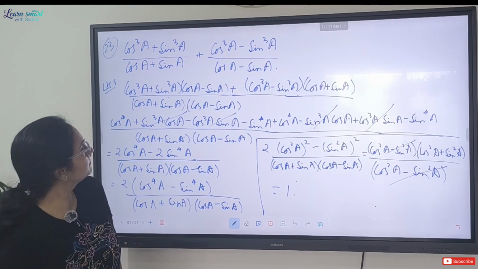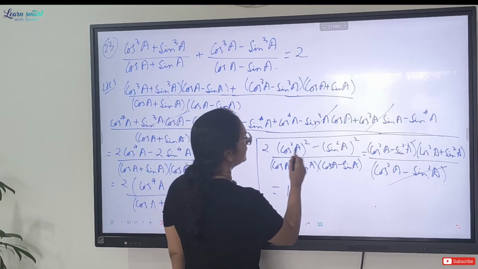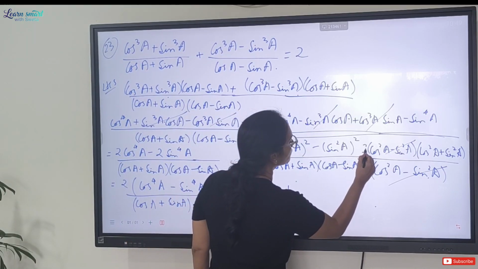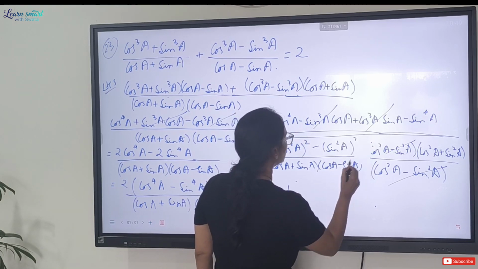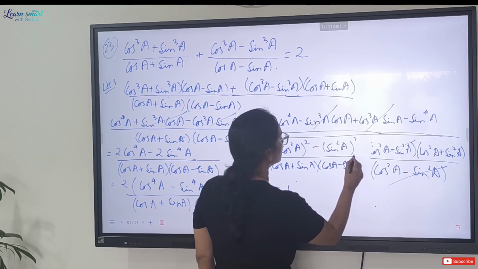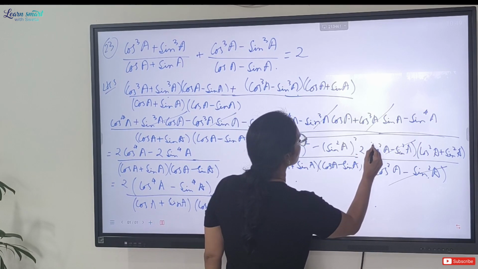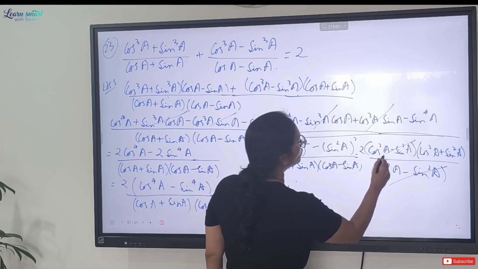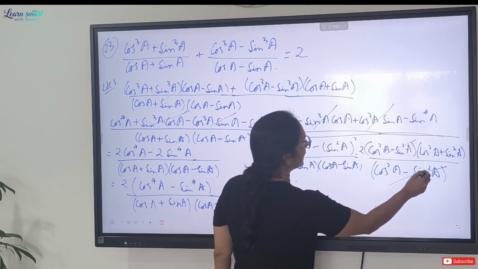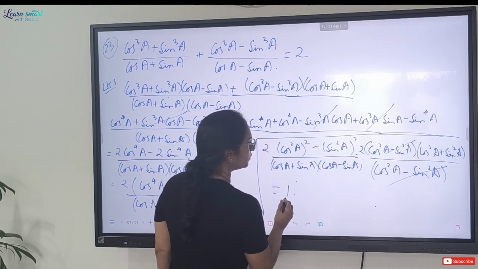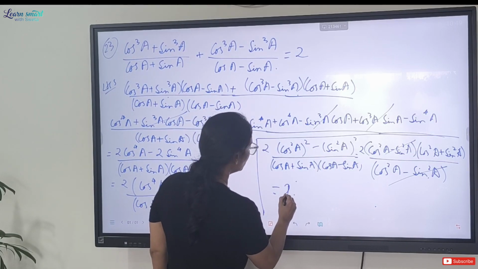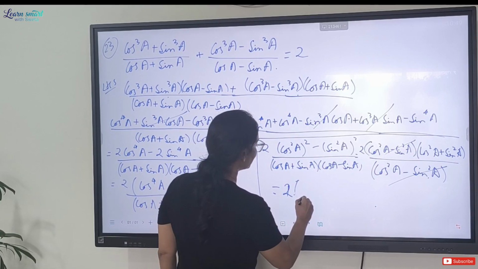And here we had missed the 2, so we will write 2 over here. So the cos square A minus sin square A cancels, and we are left with 2 into cos square A plus sin square A.